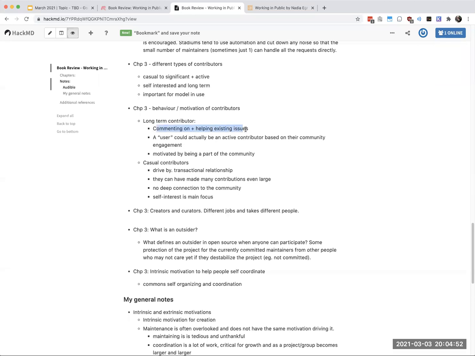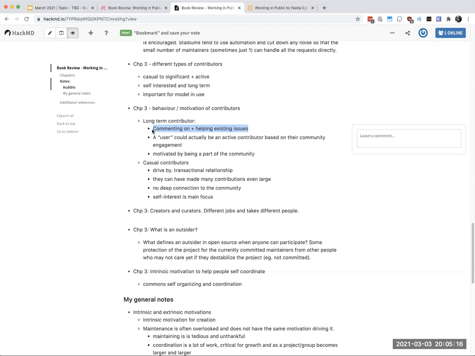They can come in and you can see behavior from the start, is what she was talking about. This is something where you can see in the immediate interactions when you're looking at a large group of contributors. So are they coming in and commenting on existing stuff? That could be pull requests, existing issues.